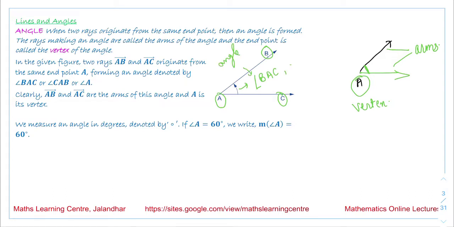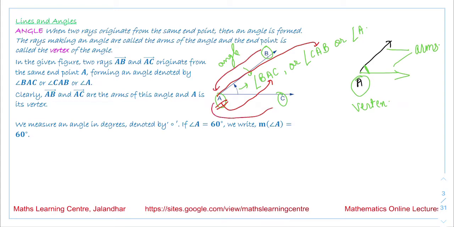Or it can be represented as angle CAB, or you can write angle A. We write this A in the middle, meaning B, then A, then C. So A is the angle over here. The arms in this case are AB and AC, and A is the vertex.